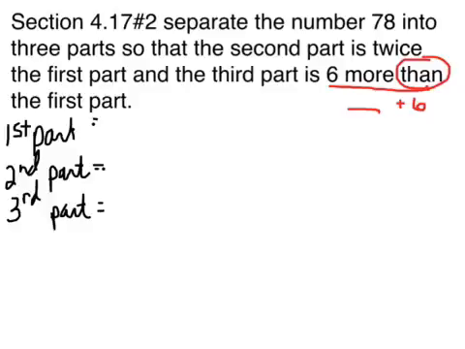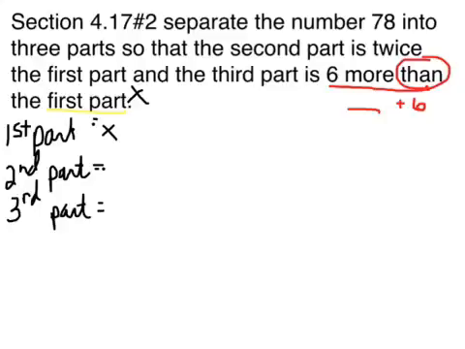So if you look, what comes after than? This, the first part, and I'll underline it in yellow. This is probably what I'm going to want to call my x. So we're going to call the first part x. That will make the other parts easier to describe. It's not that you have to do it this way, it just makes the rest of it so much easier if you'll do this, okay?